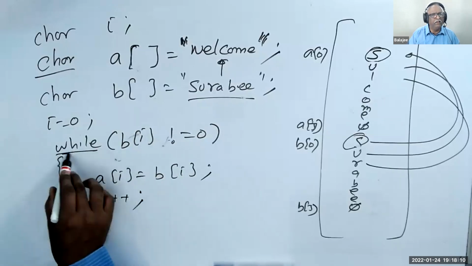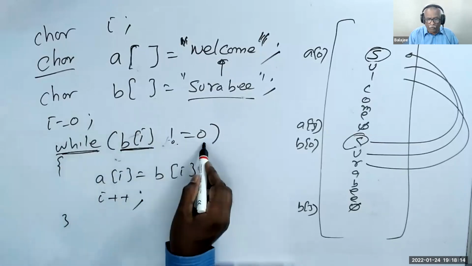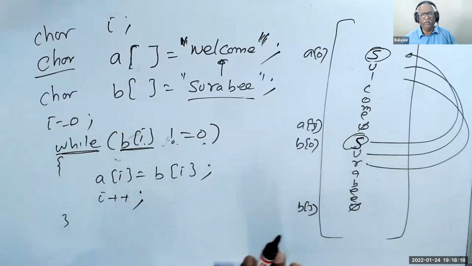I'm doing a while loop till B of I is not equal to 0. Now I is 0. B of 0 is what? Yes, it is not 0.